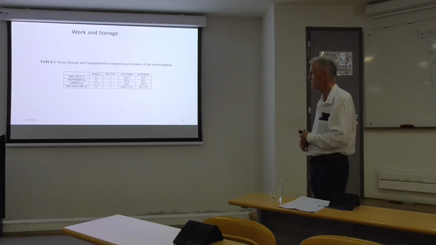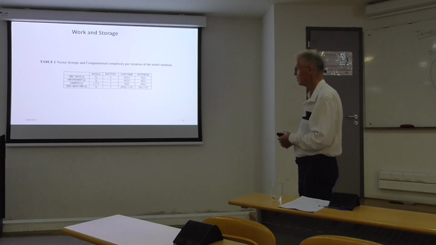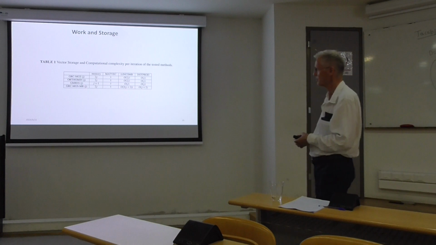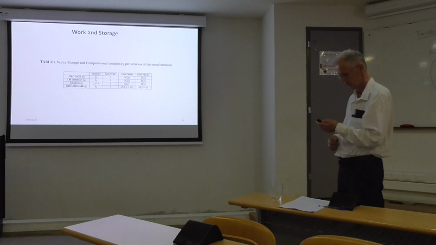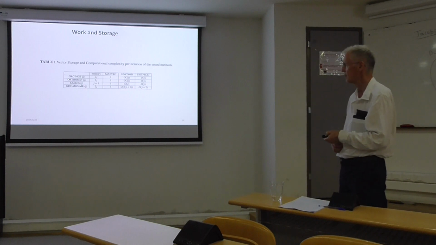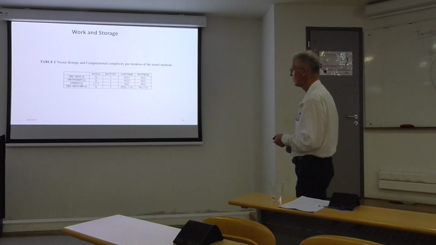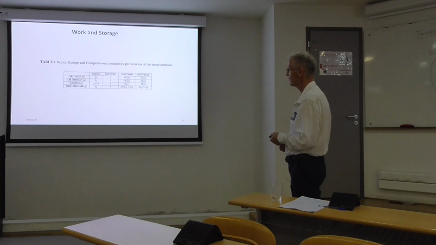Now we want to make a comparison in terms of storage and computational complexity per iteration of the tested methods. So we have our methods. GRC MGS J keeps only J vectors in store, as we said. Orthomin J also usually stores J vectors.